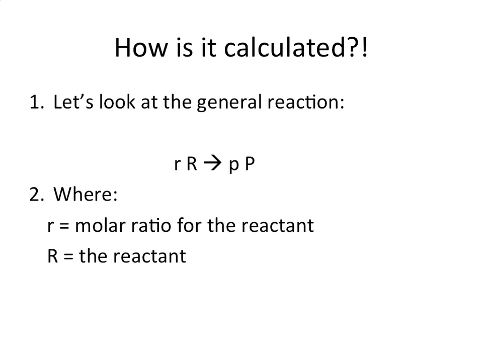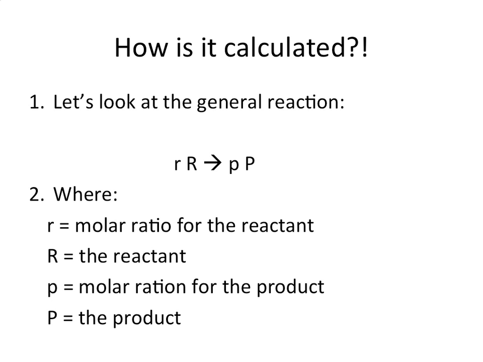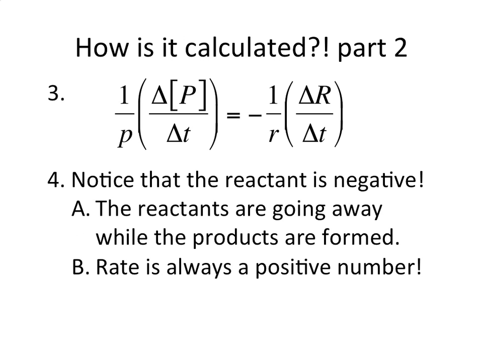The uppercase letter is whatever my reactant is. Maybe it's sodium chloride, maybe it's chlorine, maybe it's molybdenum. Whatever that reactant is, that's what we would write for that symbol. It's forming the molar ratio, that should say ratio, not ration, of the product, the molar coefficient, and the product, whatever that product is. So here's our big equation to memorize.